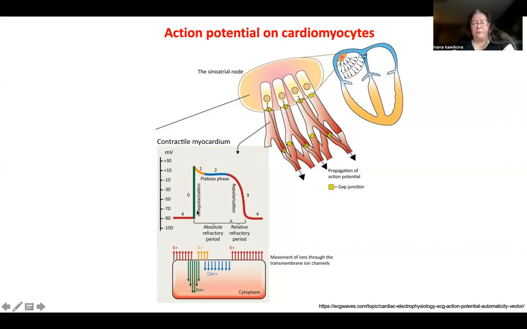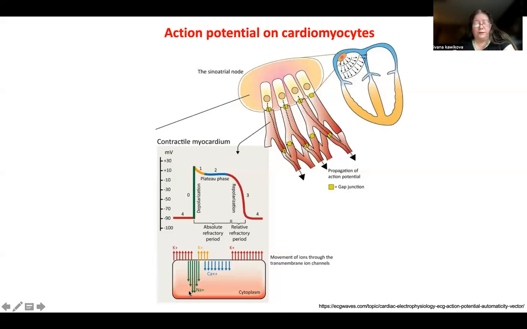But now when a stimulus arrives, the stimulus will come from the conducting system to the cardiomyocytes that are connected with the conducting system through those gap junctions. The sodium channels open, and you see that sodium is fluxing in because there's a lot of sodium outside of the cells, but very little sodium inside.